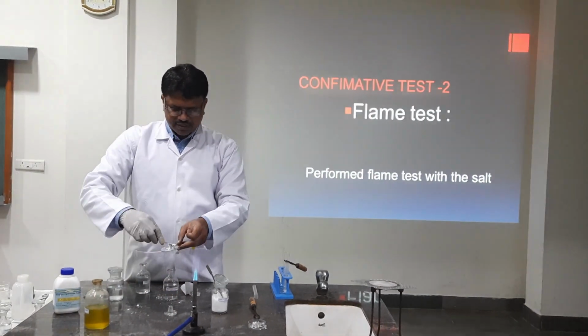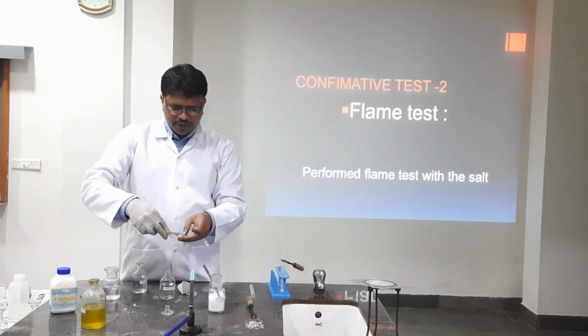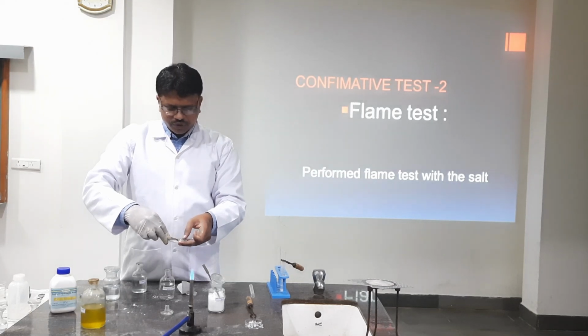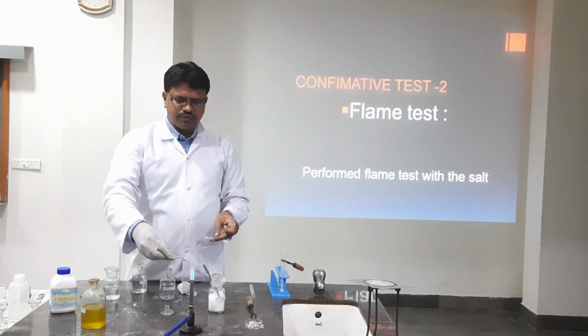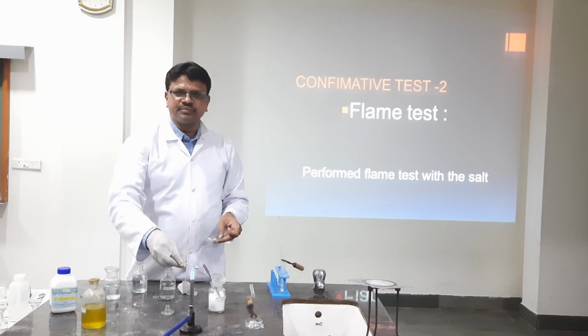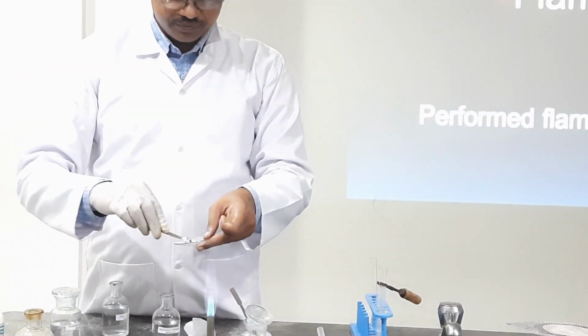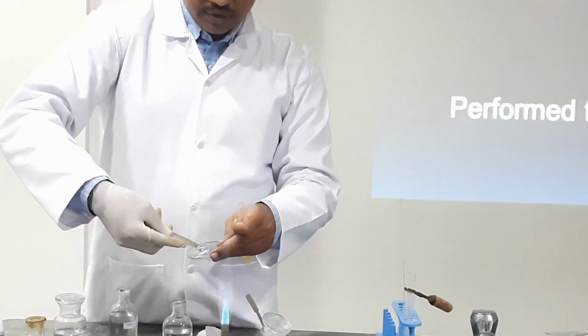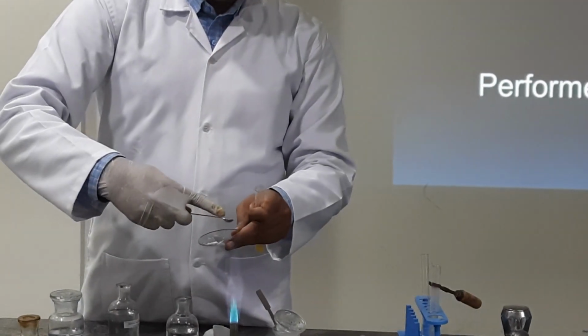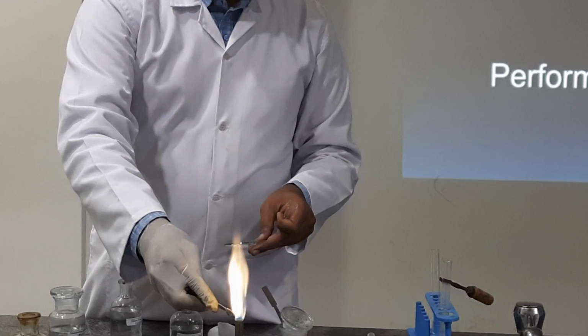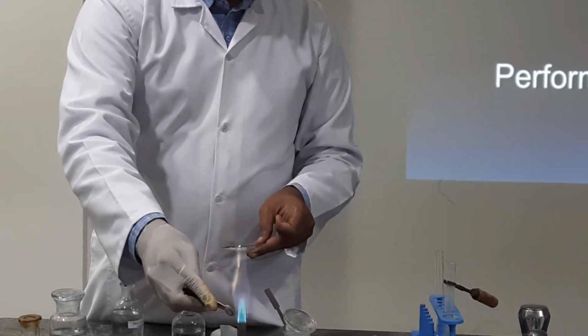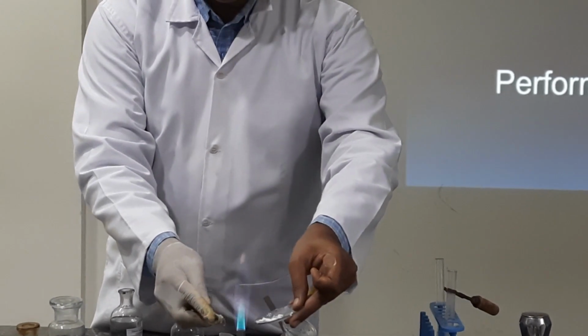You can see the second confirmatory test by keeping this salt into flame. It gives the apple green color. Okay, this is the second confirmatory test. You can see light apple green, nice colors.